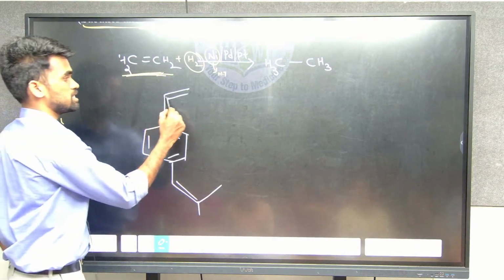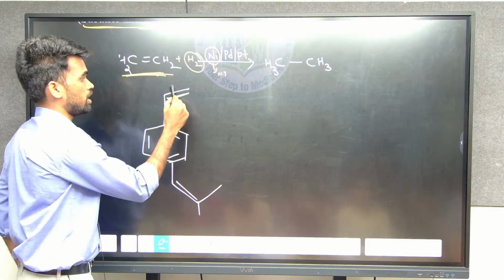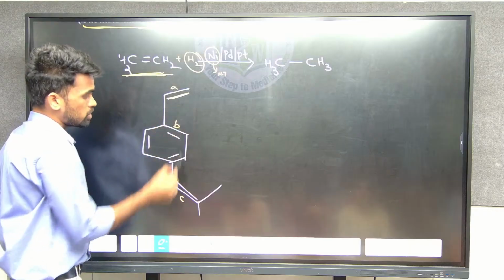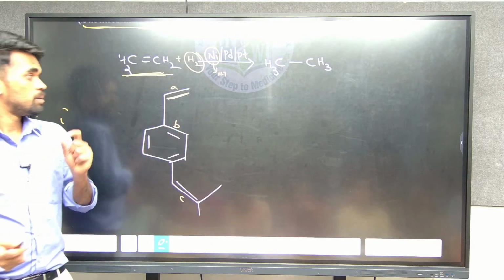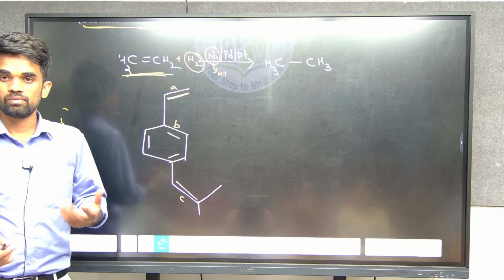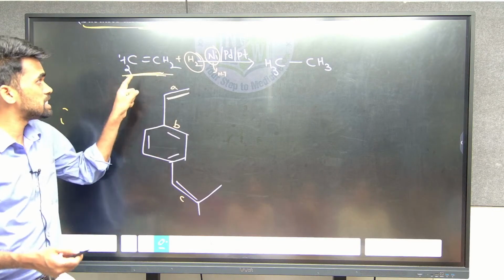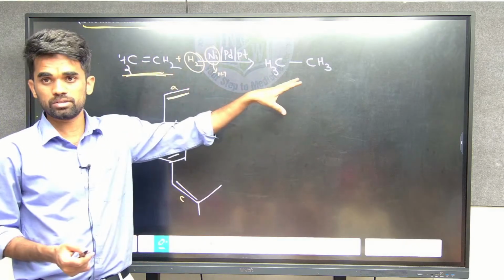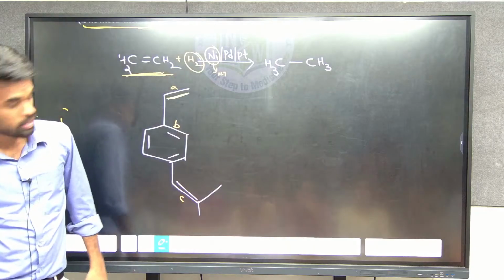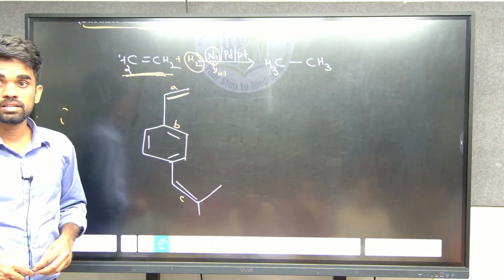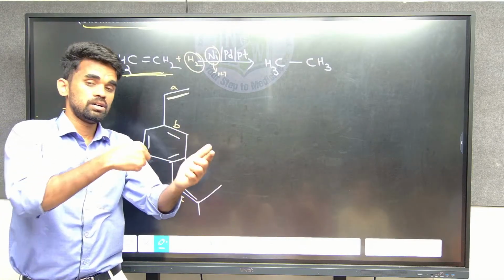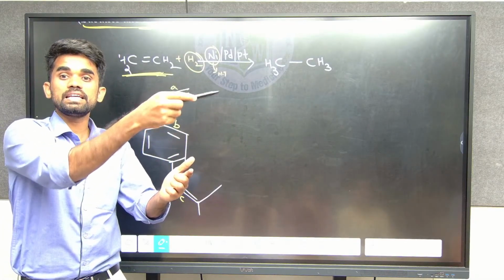This is a pi bond, A. This is also a pi bond, B. This is also a pi bond, C. Out of these A, B, C, which bond is easily hydrogenated? Once again, which bond easily converts from double bond to single bond, meaning alkene to alkane? How can you say that? See, we just discussed the stability of alkenes. Which alkene is less stable?